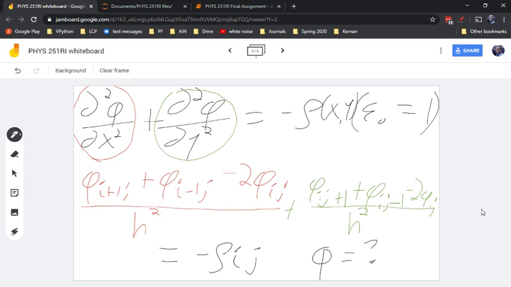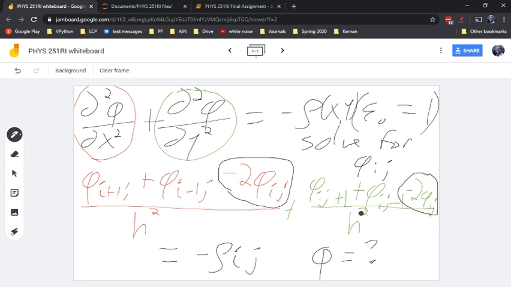Well, the answer is we're going to take this equation and we're going to solve for phi ij. Because I can combine these. I can combine this term and this term and then move everybody else over to the side with rho. Let me show you how this works.